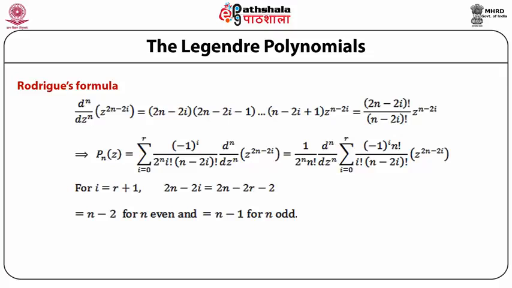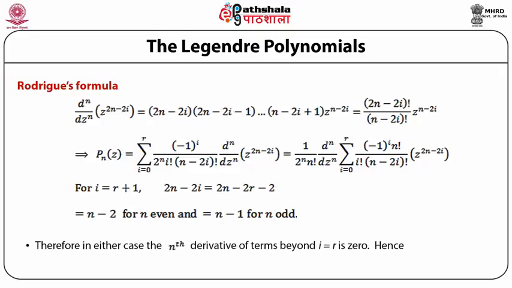For i equal to r plus 1, 2n minus 2i will be equal to 2n minus 2r minus 2, which is n minus 2 for n even and n minus 1 for n odd. Therefore, in either case, the nth derivatives of terms beyond i equal to r are 0.